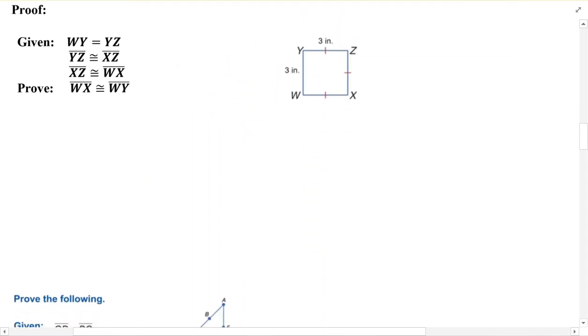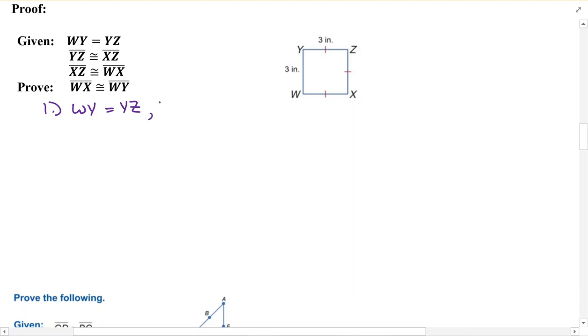So looking at our first proof, we're given that WY equals YZ, YZ is congruent to XZ, and XZ is congruent to WX. Let's write them on top of each other, because sometimes it's easier to see that way.